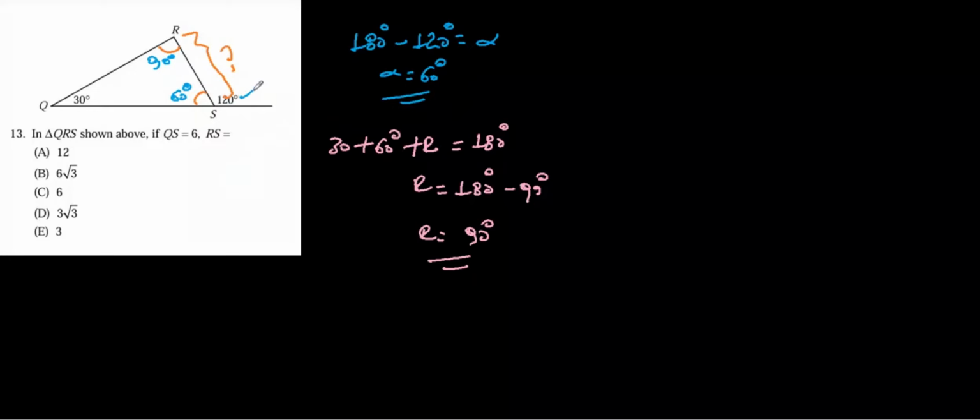Then next, to find this one, we can now use our ordinary sine and cosine rules. Sine 30 degrees is opposite to the 30 degrees, this side, which is RS, over the hypotenuse, this one, QS, right? So QS is given, it is 6 units.